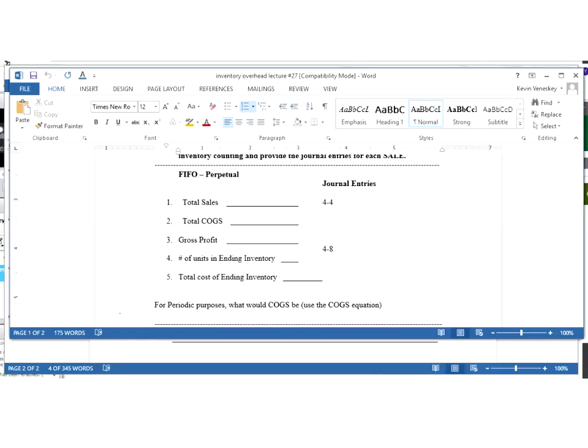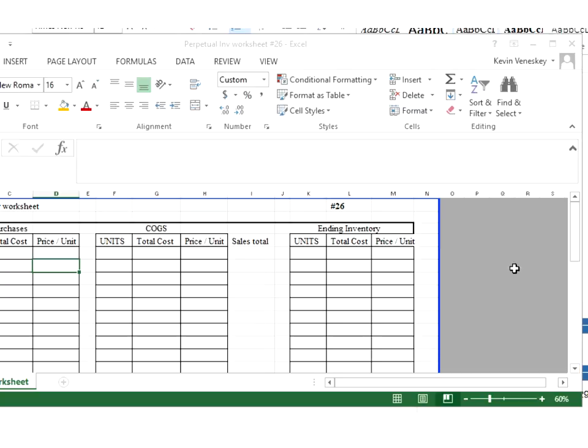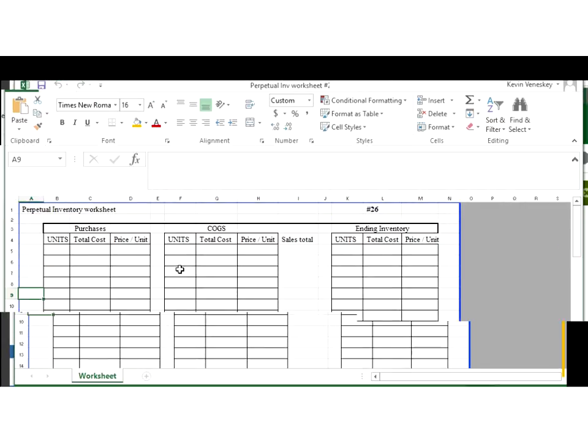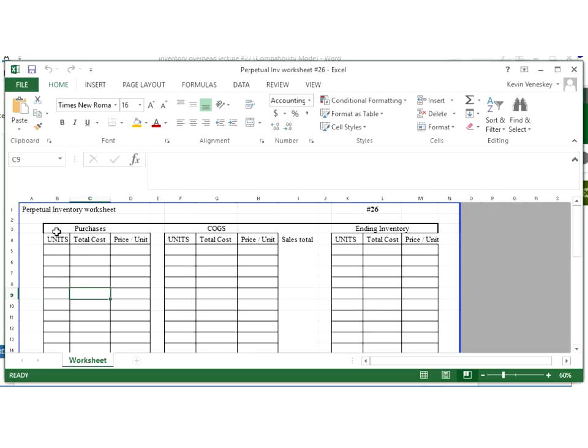Okay, with that, I'm going to switch screens at this point. I'm going to be bringing up my Excel. Here's the Excel. This is number 26, and you'll need a few copies of this as we go through it. What we're going to be doing is every time we have a purchase, we put that over here, and then we correspondingly put it over here into our ending inventory.